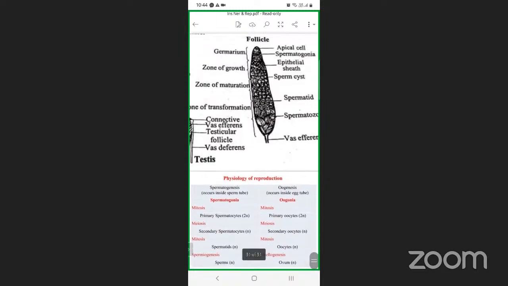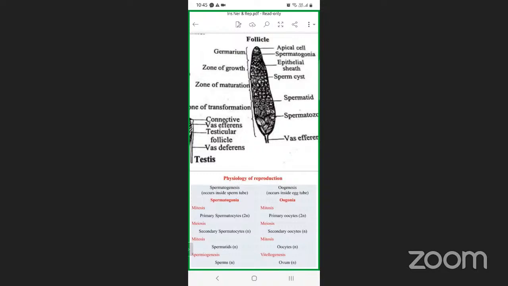And coming to what is the difference between spermatogenesis and oogenesis, I'll show you the arrow diagram also.